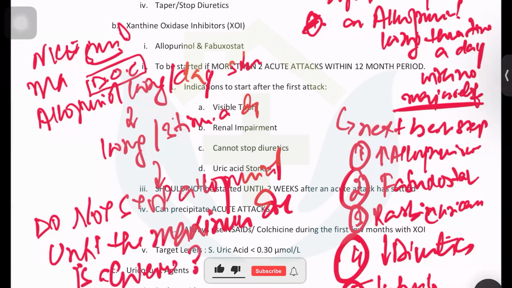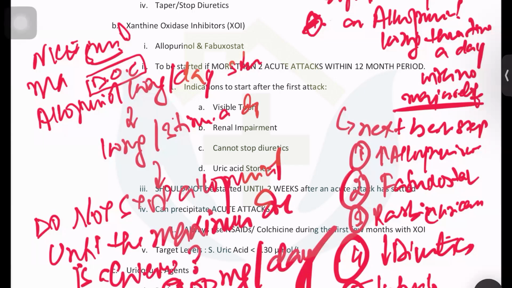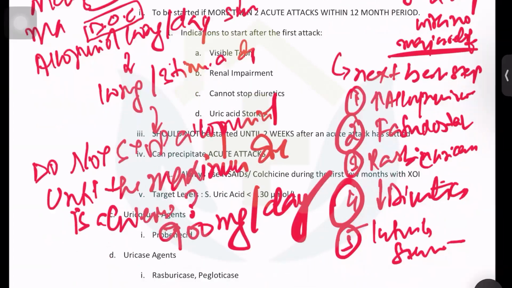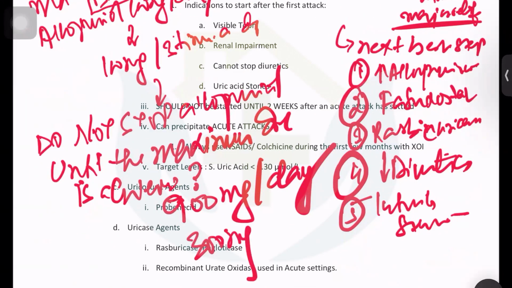Anyone? Sir, 900 milligram per day. 900 milligrams per day. So the dose is 300 milligrams 3 times a day.